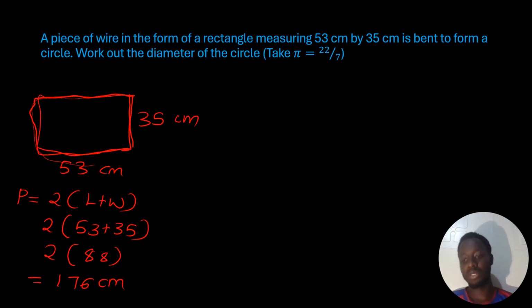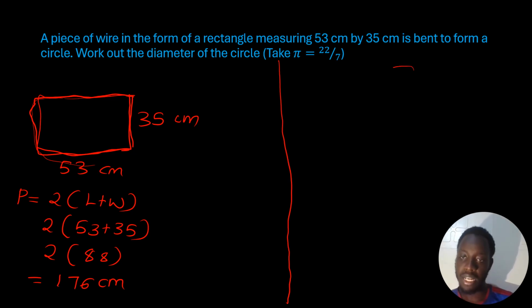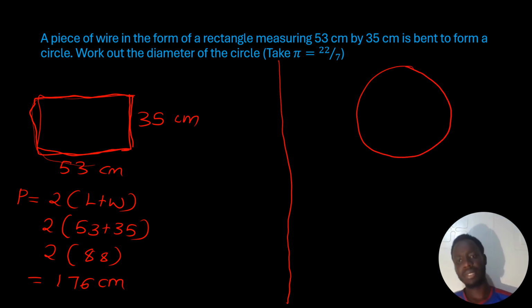If the perimeter is 176 centimeters, the length of that wire is 176 centimeters, and the same wire was used to form a circle.